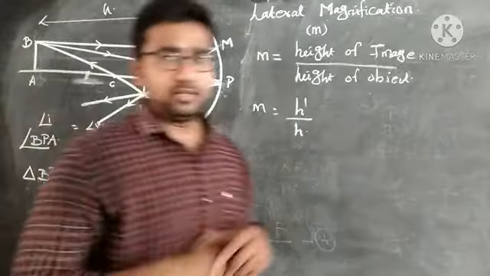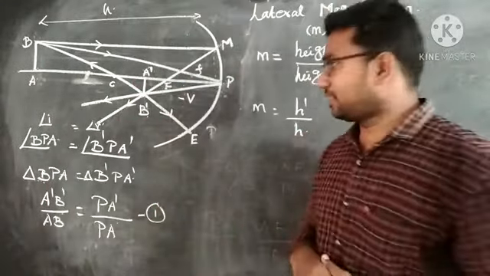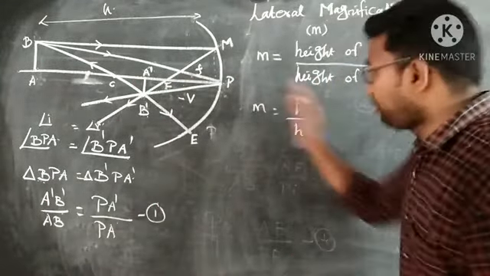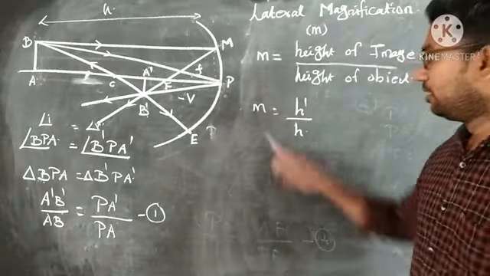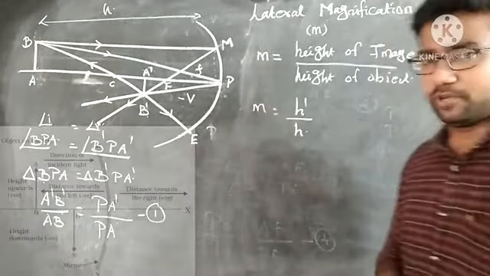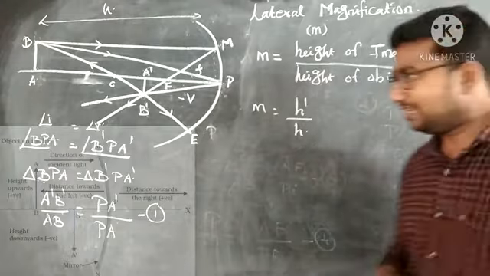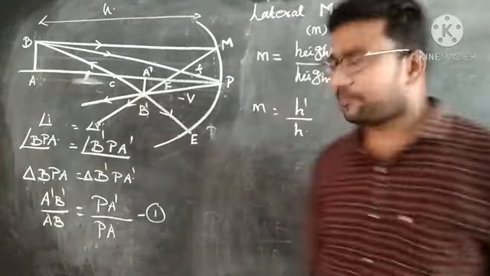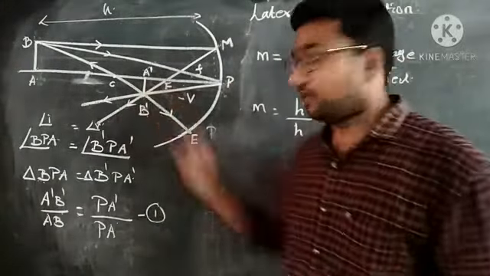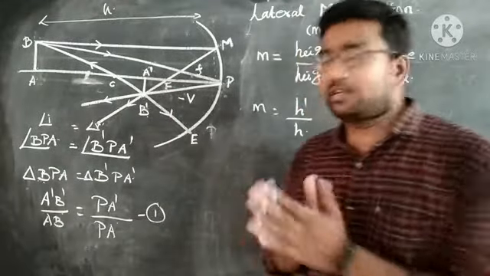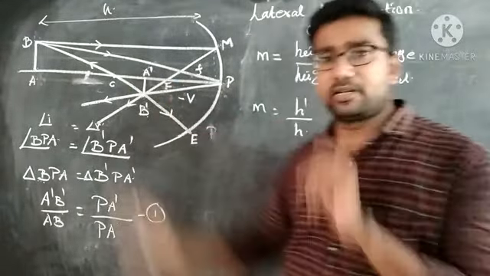Okay, by using the Cartesian sign convention, let me simplify this equation. The lateral magnification formula will be derived from the spherical mirror equation. We already derived the two similar triangles in a ray diagram of spherical mirrors.